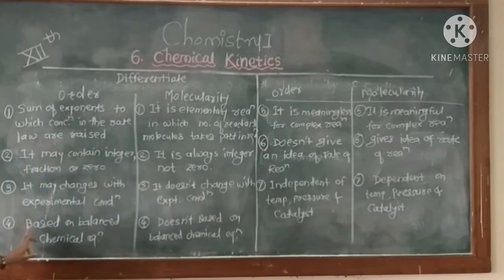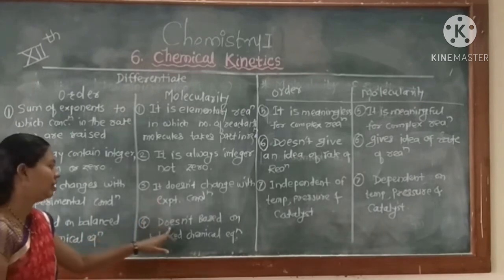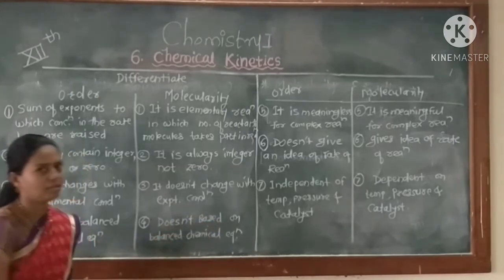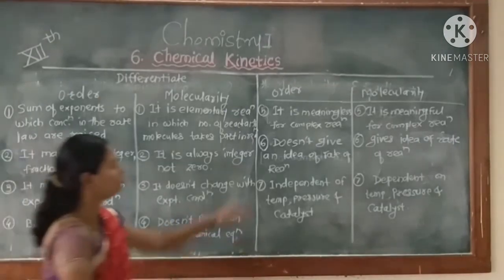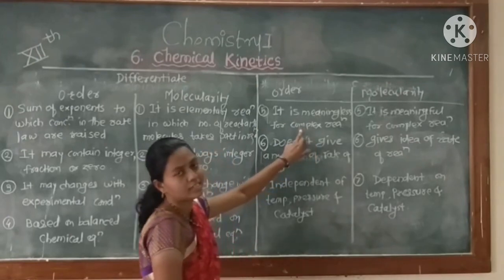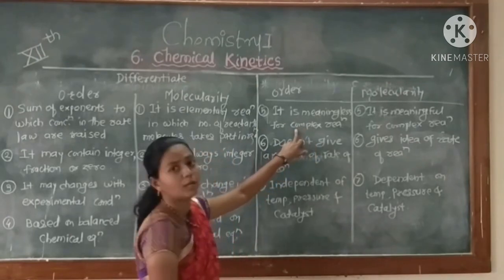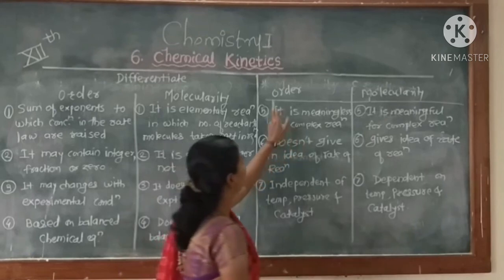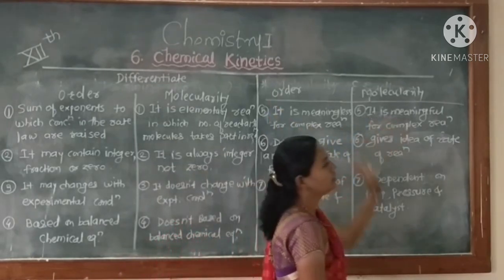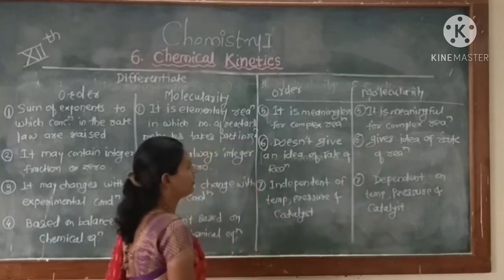The fourth point is that order of reaction is based on the chemical equation, and molecularity is not based on the chemical equation. Order is meaningless for complex reactions. A complex reaction involves a number of simpler steps, so order is meaningless for it, while molecularity is meaningful.